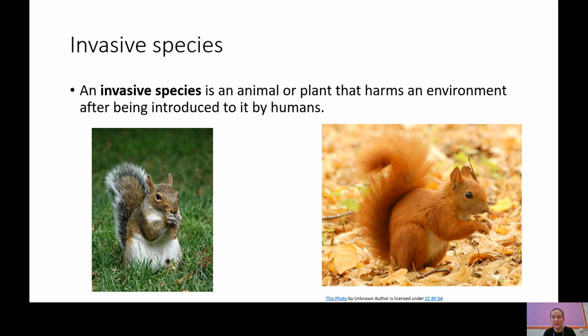But the red squirrel is native to the UK, so it's lived in the UK for about 10,000 years, they think. However, the grey squirrel, when it arrived in the UK, had some disease that the red squirrel wasn't used to. So a lot of the red squirrels got sick and died.